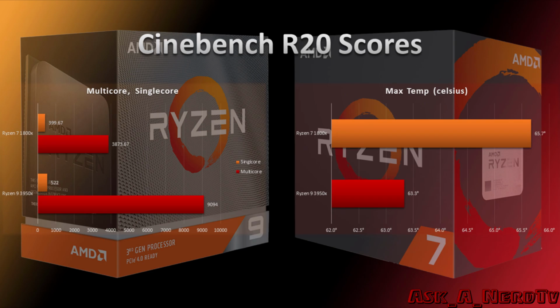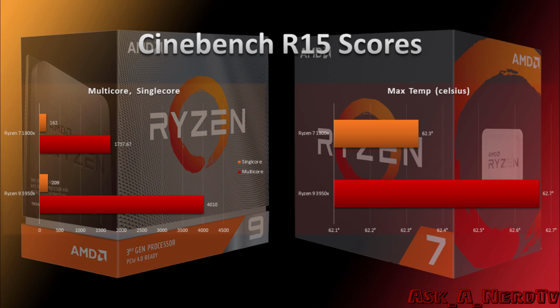Oddly enough, the Ryzen 7 1800X scored a higher temperature here than the Ryzen 9 3950X, with 65.7 degrees Celsius maximum average over the 1800X over 3 tests, with the 3950X just scoring 63.3 degrees Celsius. I can't even explain that.